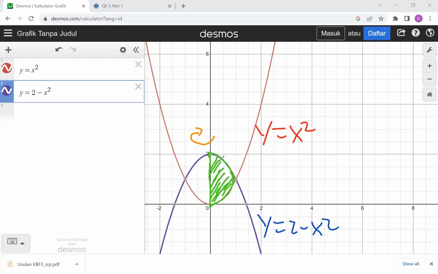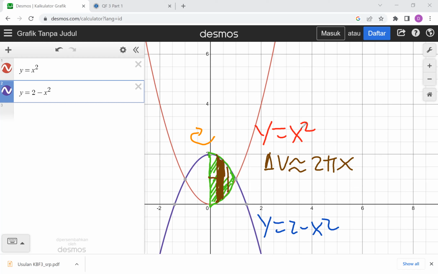So same as before, we consider the slice of this one. And if we consider the particular slice here, now we have to approximate this volume. The volume delta V is approximately the distance to the rotation axis, which is x, so we have 2 pi x, and then multiply by the height of the region here. Of course, the height of the region here is 2 minus x squared minus x squared, right?